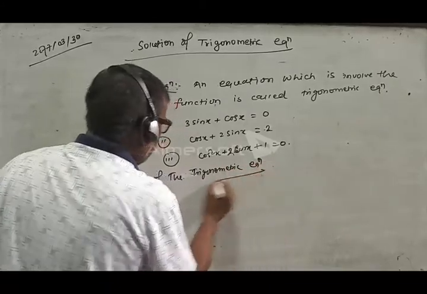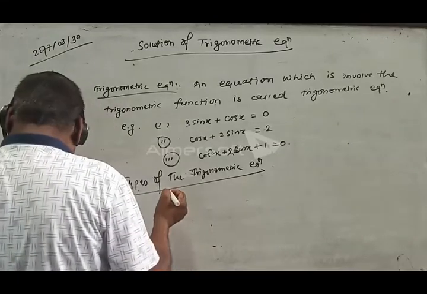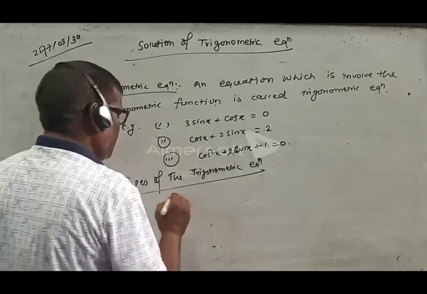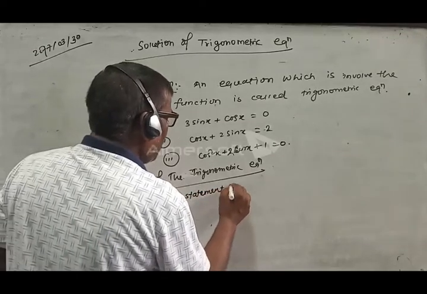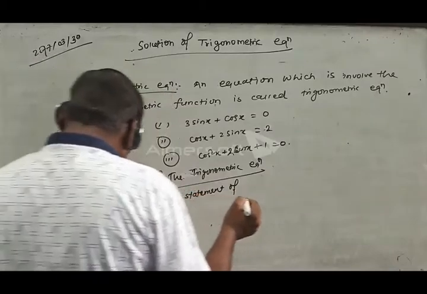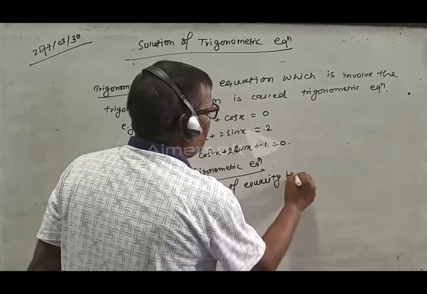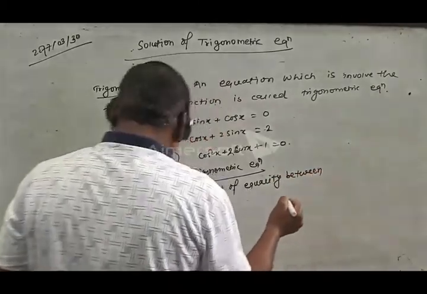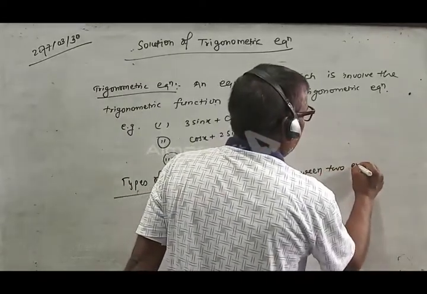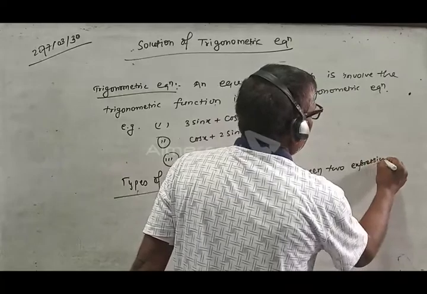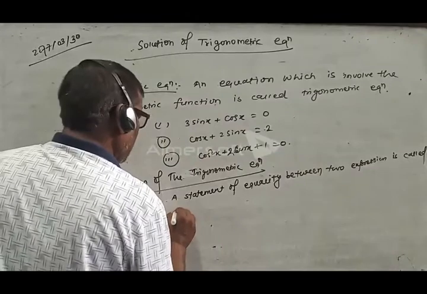A statement of equality between two expressions is called an equation.